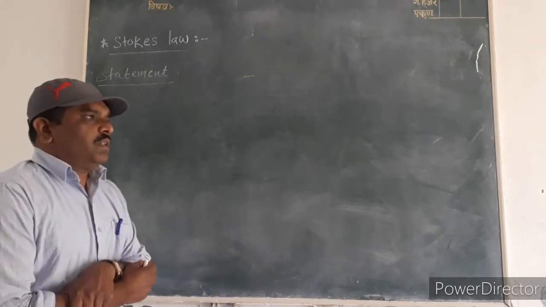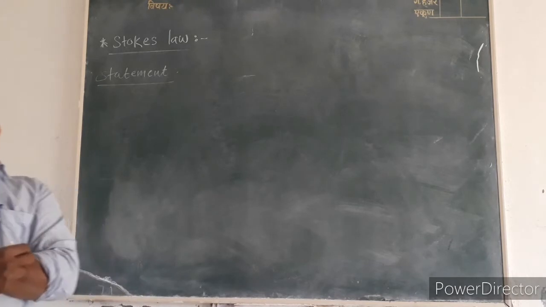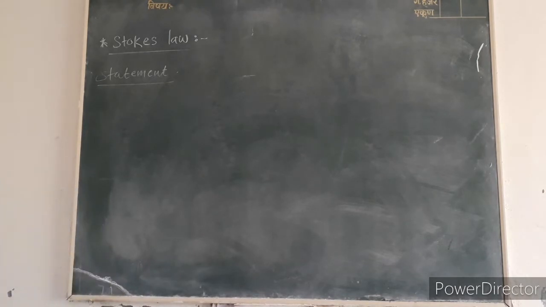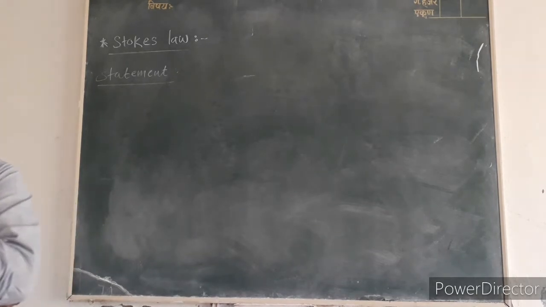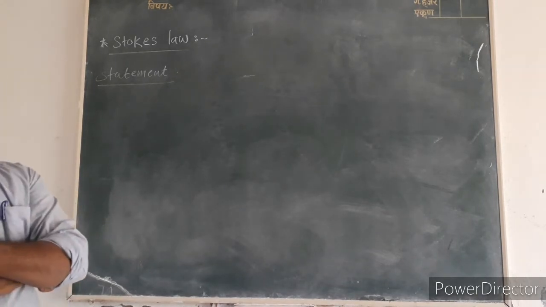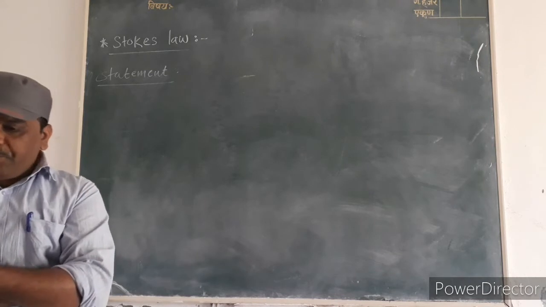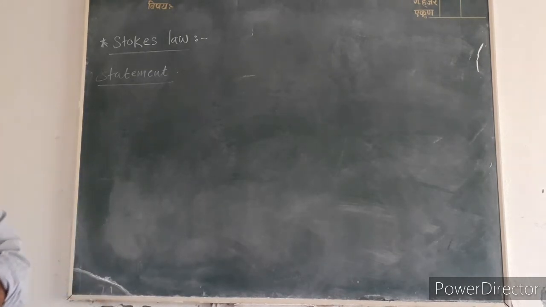and that viscous force depends upon three different things: first, the radius of the spherical body; second, the velocity of that spherical body; and third, the coefficient of viscosity of the fluid.